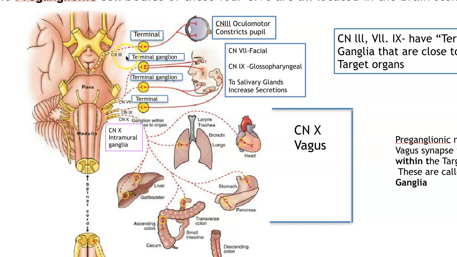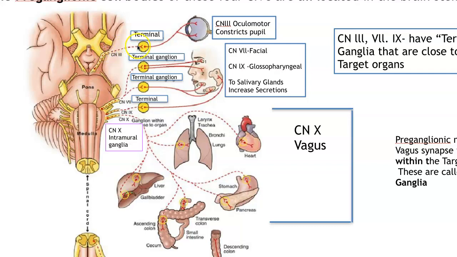Cranial nerve 3. You need to know who he is. He is oculomotor. He is going to the eyeball muscles. He is motor only. But remember, cranial nerve 3 has parasympathetic fibers. So our parasympathetic fibers are going to travel with cranial nerve 3.